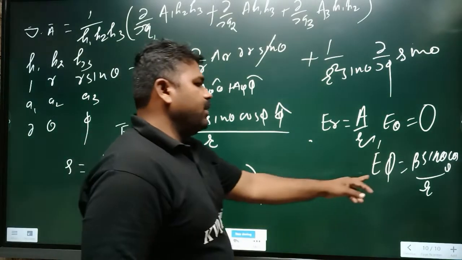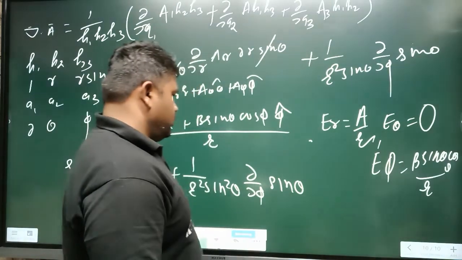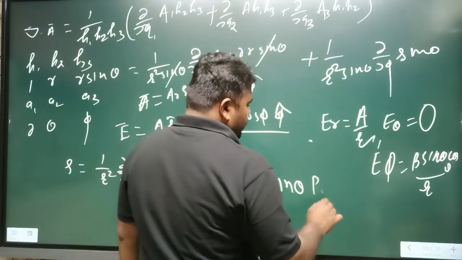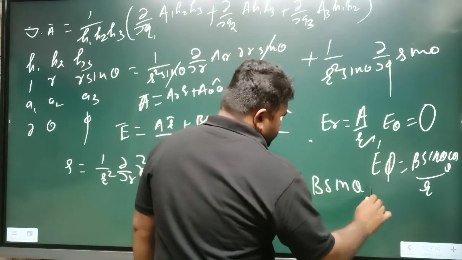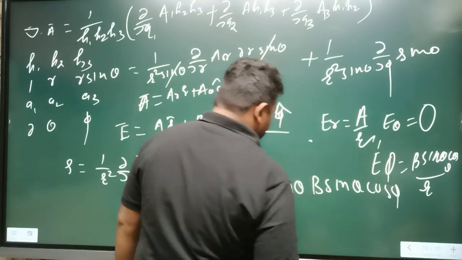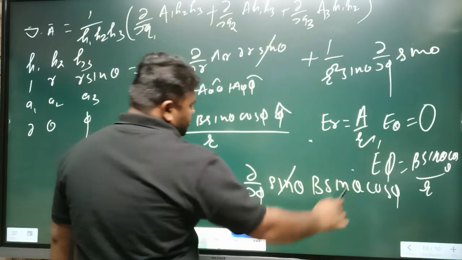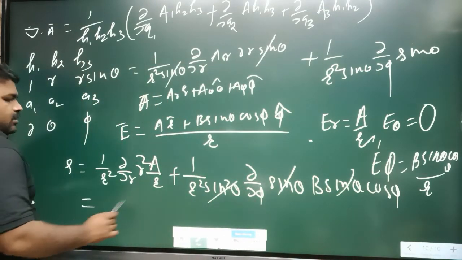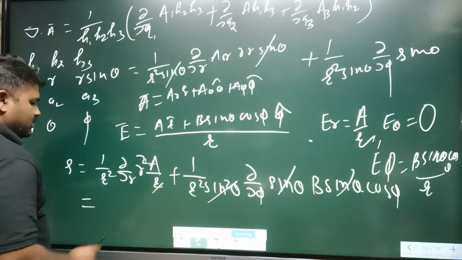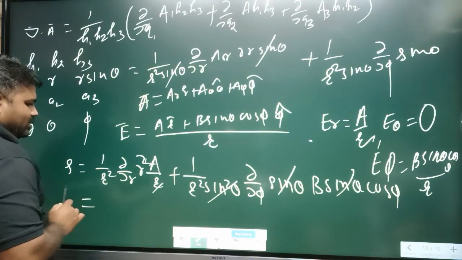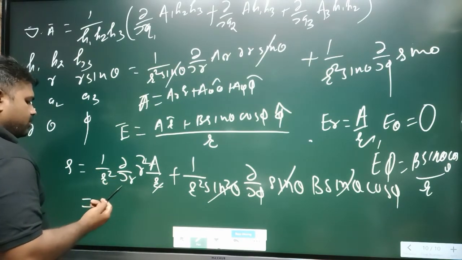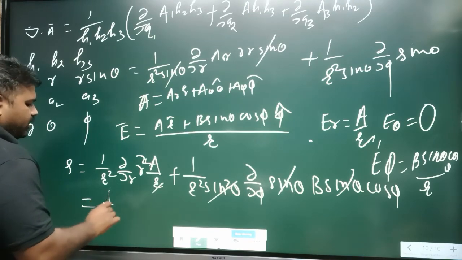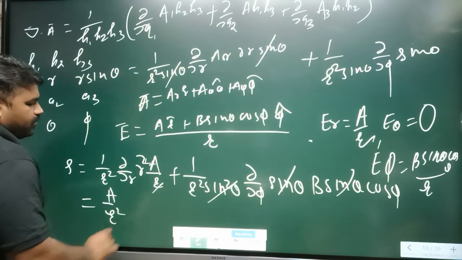What is the value of E phi? E phi is equal to B sin theta cos phi. Which part gets cancelled? This sin square theta gets cancelled. Here 1 by r gets cancelled. And ∂/∂r of r, we are getting only A upon r square.